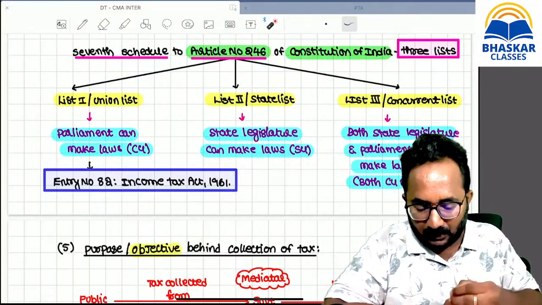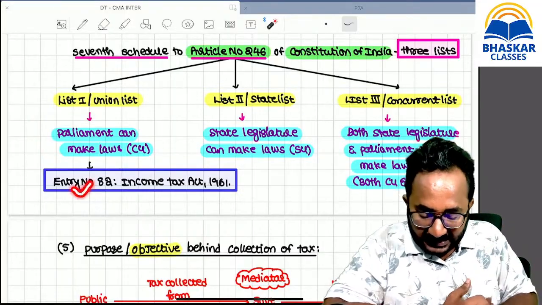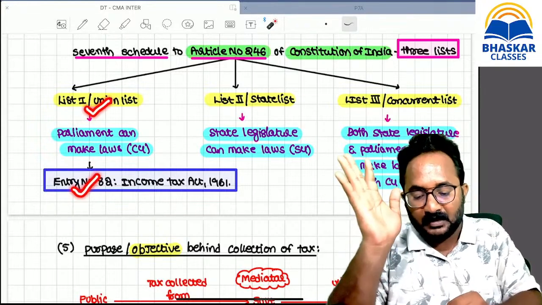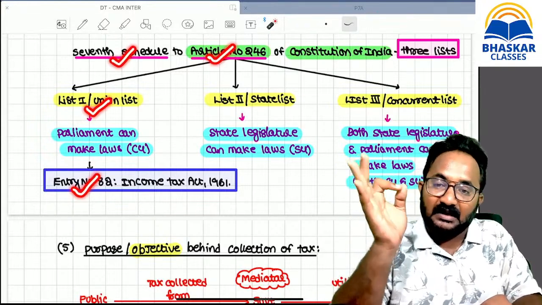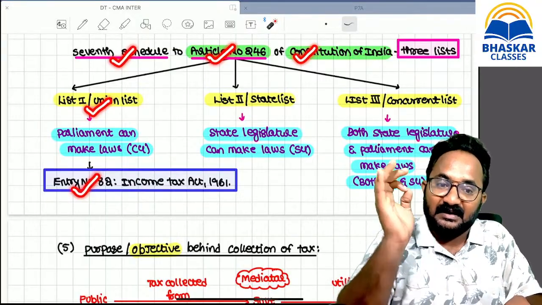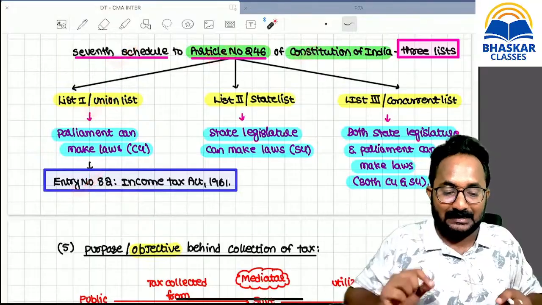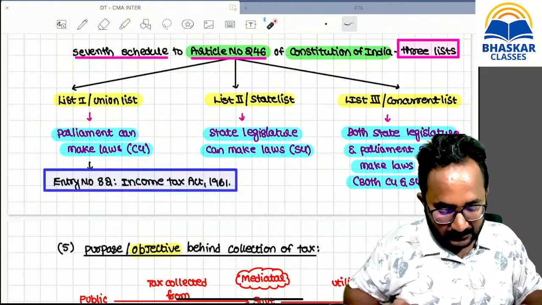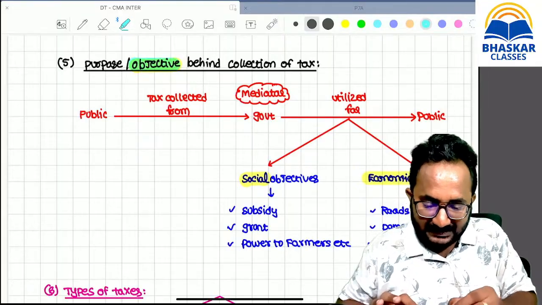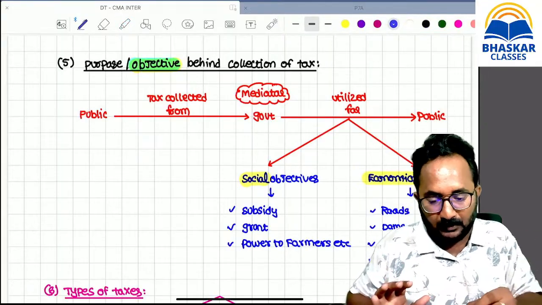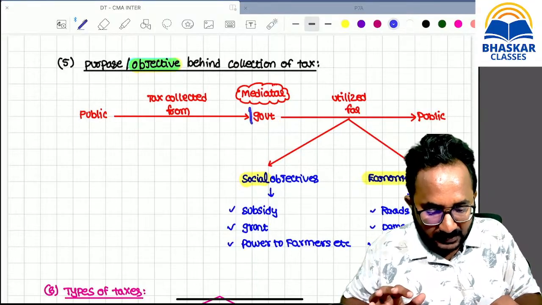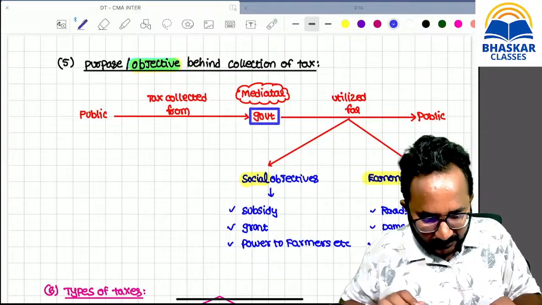Again, entry number 82 of list 1 or union list of the 7th schedule to article number 246 of the Constitution of India gives the power to collect income taxes. Now next, what is the purpose or objective behind the collection of taxes? Remember, the government is collecting tax from the public.